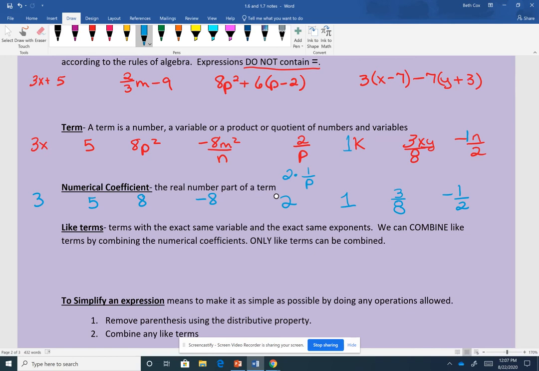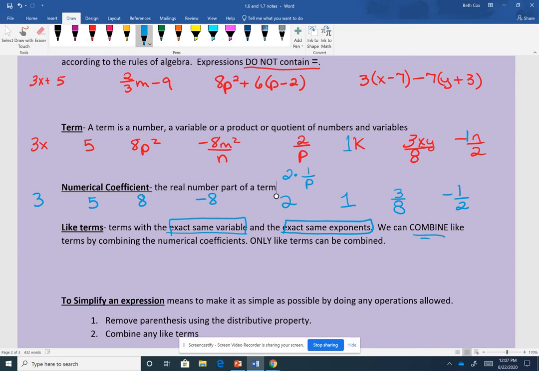Okay, so those are terms, those are the numerical coefficients, and now like terms. What is a like term? A like term is a term with exactly the same variable and exactly the same exponents. Y'all, we can do this.